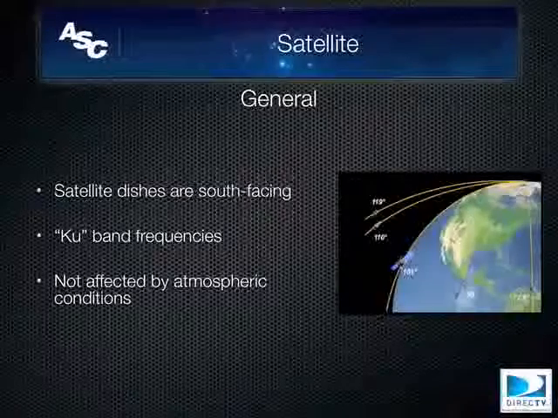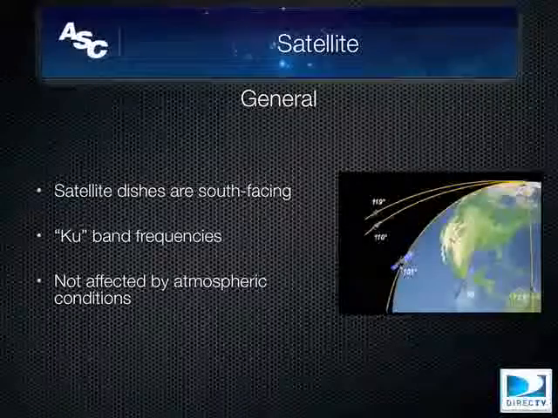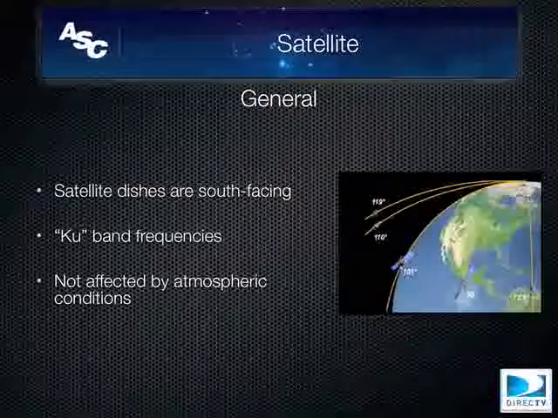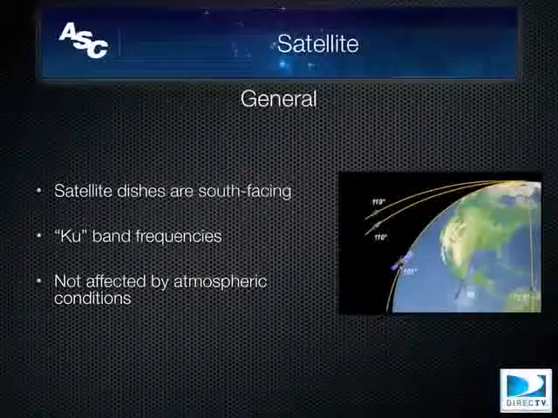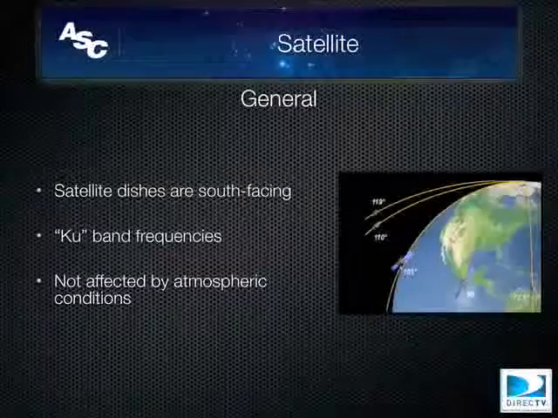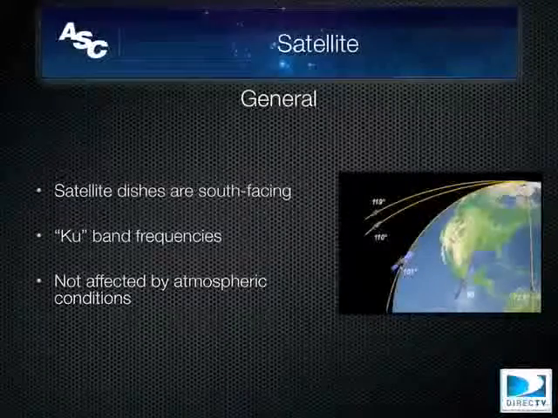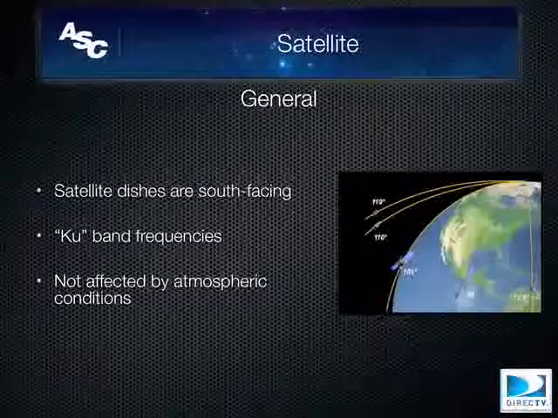The satellite TV satellites all broadcast in the Ku band, which is high frequency. What you get with that is a signal that is not affected by sunspots or other atmospheric conditions, and high frequency results in higher power and smaller dish antennas. This is how, by going to high power, they were able to cut down on the size of that dish.